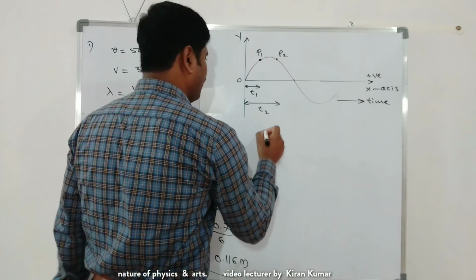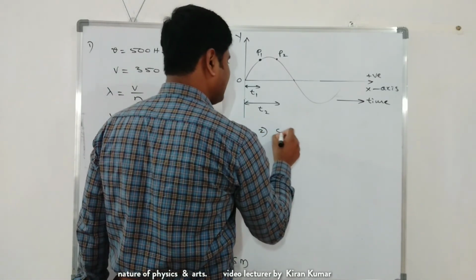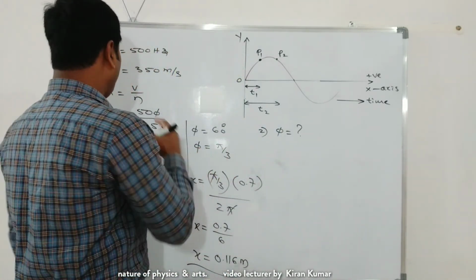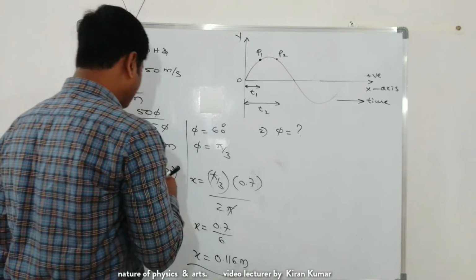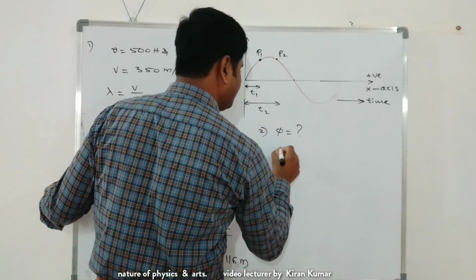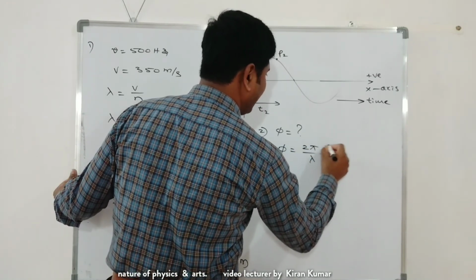And we have to find the second, that is the phase difference. So here we know the wavelength lambda value, how much? 0.7 meter. For phi, which is equal to 2 pi by lambda into x.